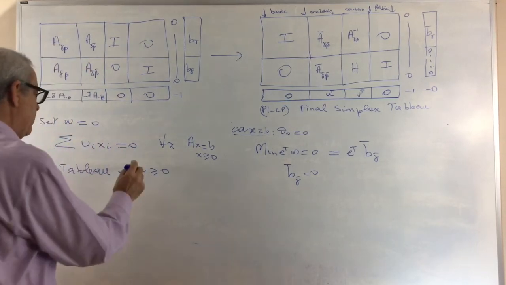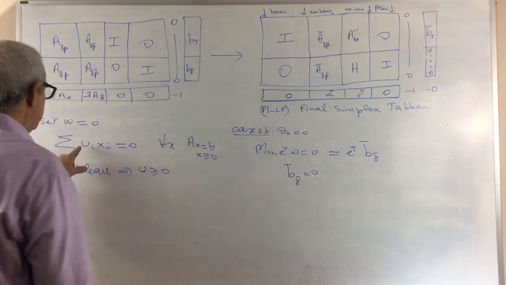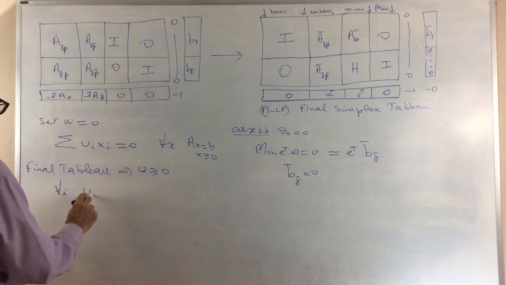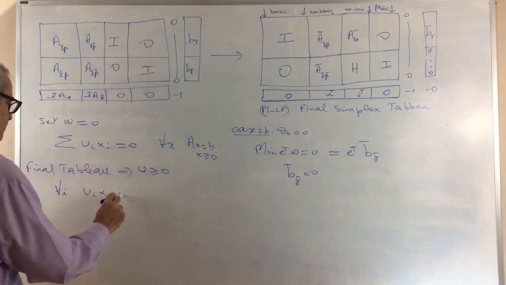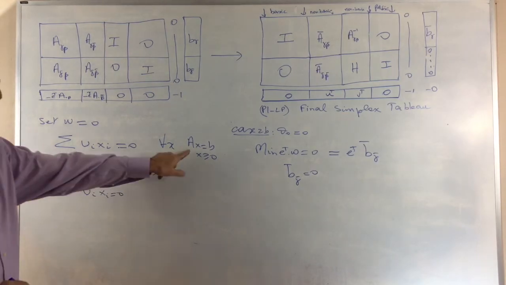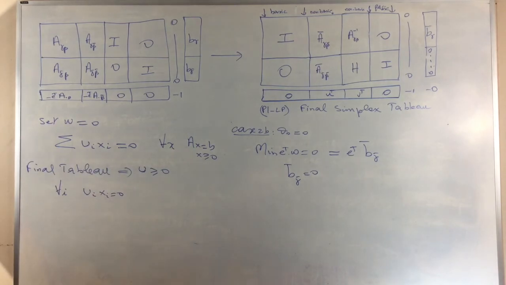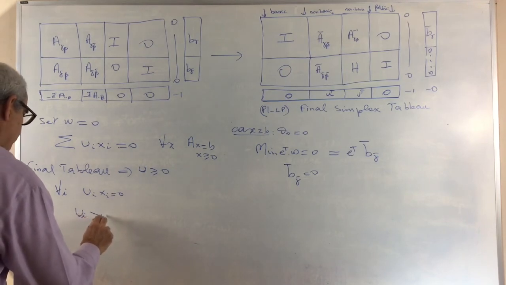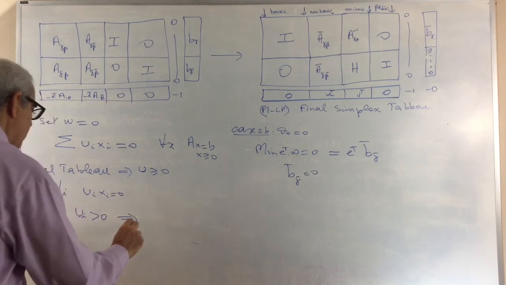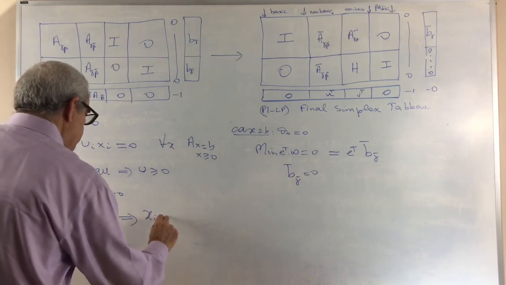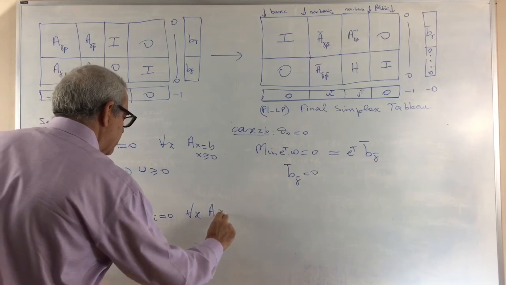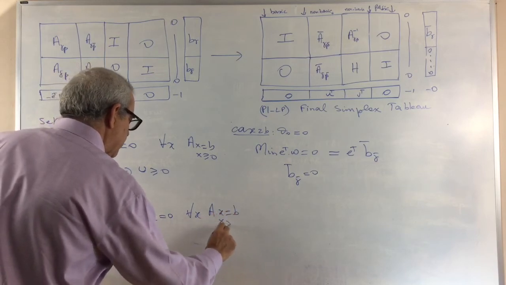That means each one of these, for every i, ui xi is equal to 0 for all feasible solutions like this. Another way of saying this is that ui positive implies that xi is equal to 0 for every x such that A dot x equals b, x greater or equal to 0.